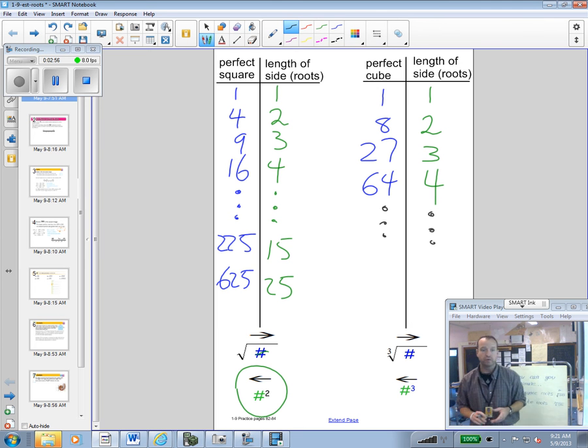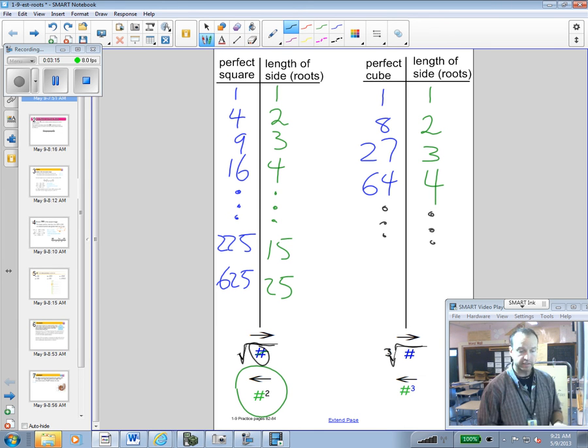Okay, we're going to be using those numbers to estimate the roots, whether it be square roots, when you see that sign, square root. In other words, how big is the side of the square when they give you the area, going from area to side, or cube root, okay, how big is the side of the cube when they give you the volume.